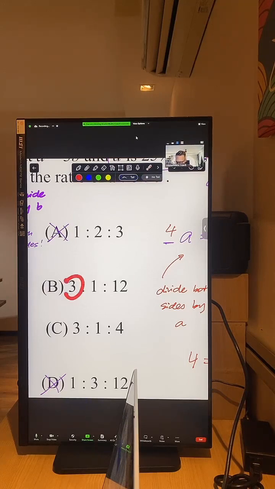You know that A is 3 parts, right? You can see it over there.